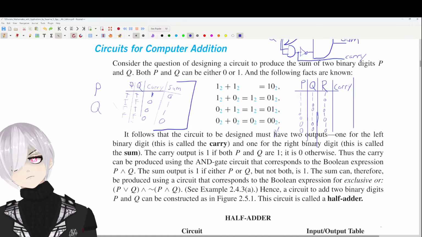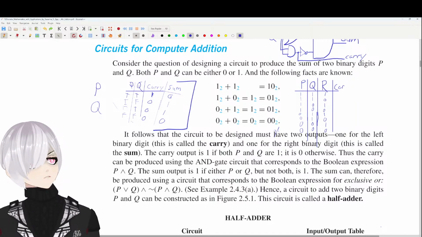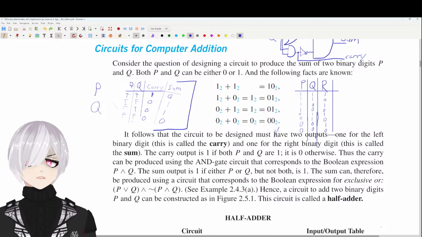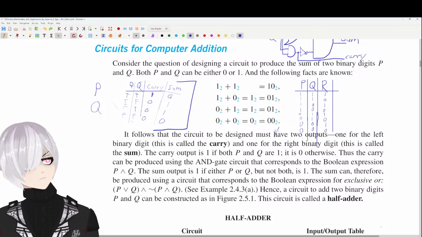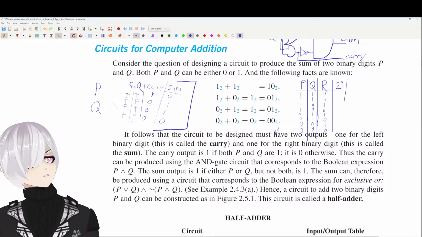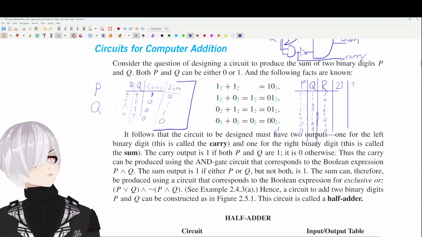At least you would have a four's place, a two's place, and a one's place. And I guess there would be more complicated logic, you have to look at what the patterns are.